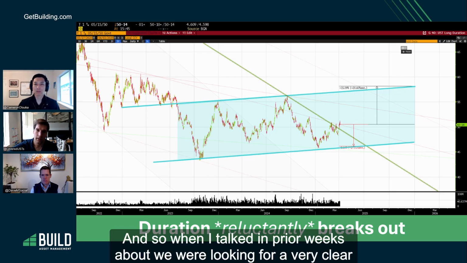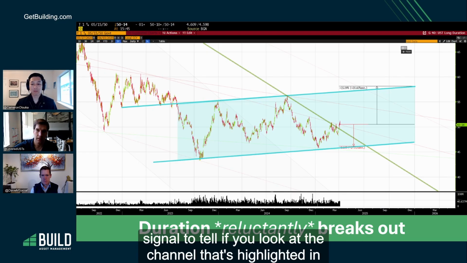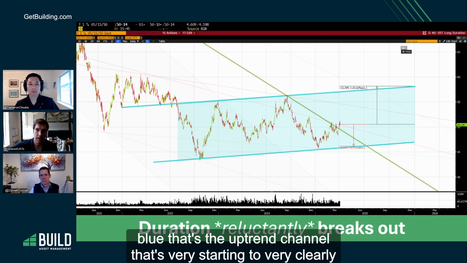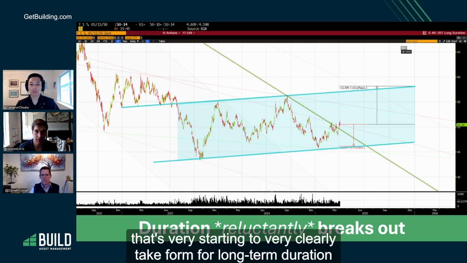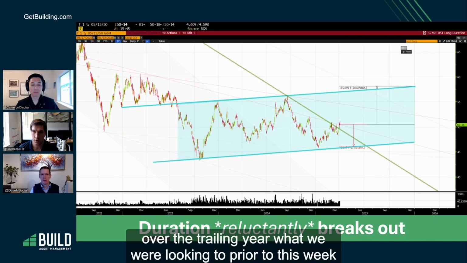And so when I talked in prior weeks about looking for a very clear signal, if you look at the channel that's highlighted in blue, that's the uptrend channel that's starting to very clearly take form for long-term duration over the trailing year.